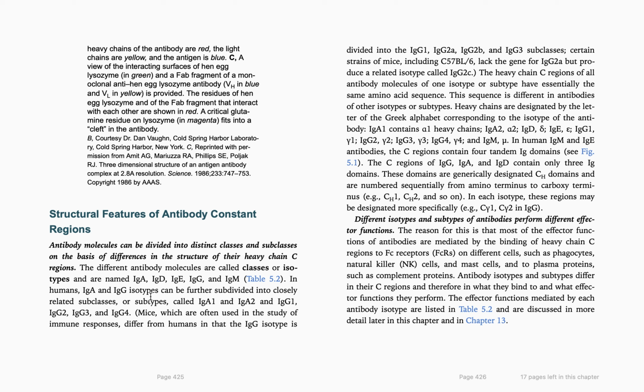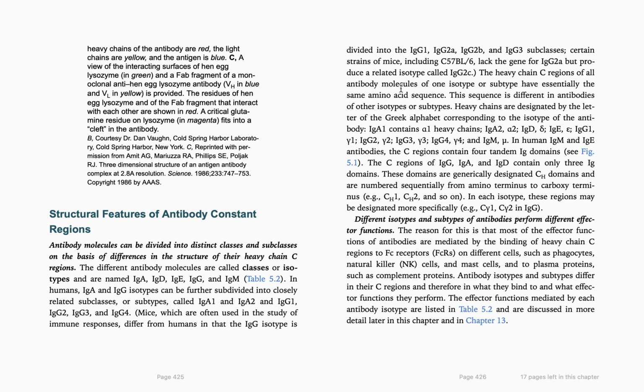In humans, IgA and IgG isotypes can be further subdivided into closely related subclasses or subtypes called IgA1, IgA2, IgG1, IgG2, IgG3, and IgG4. Mice, which are often used in the study of immune response, differ from humans in that the IgG isotype is divided into IgG1, IgG2a, IgG2b, and IgG3 subclasses.